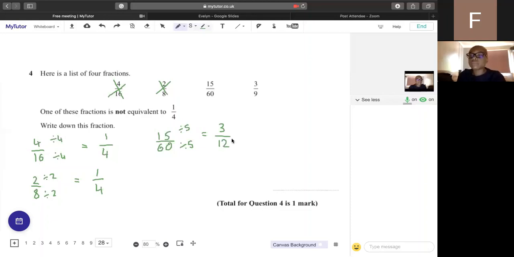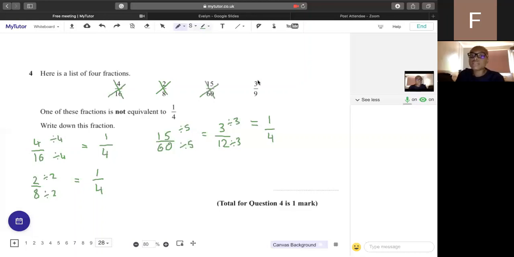And then we're not done yet. This isn't in its simplest form yet, because 3 and 12 are both multiples of 3 as well. So we can divide both the numerator and the denominator by 3. So 3 divided by 3 is 1, and 12 divided by 3 is 4. So we get a quarter again.